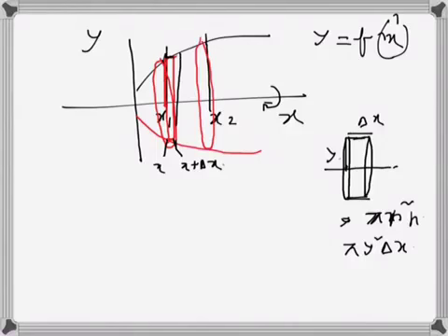So we will get pi y1 squared del x1 plus pi y2 squared del x2, and so on.